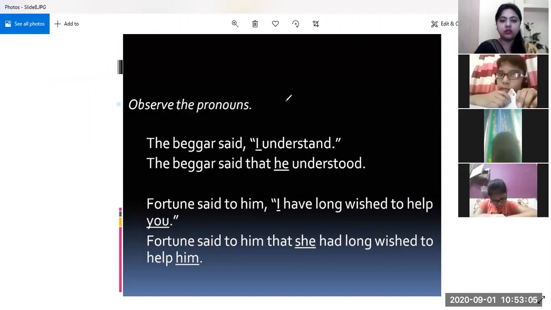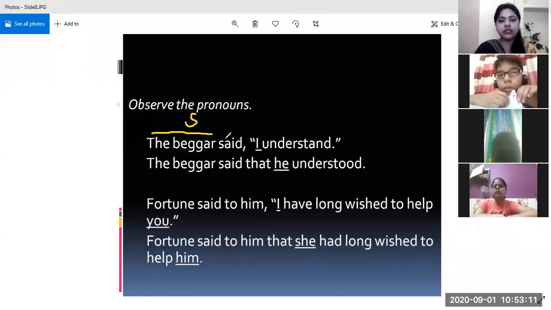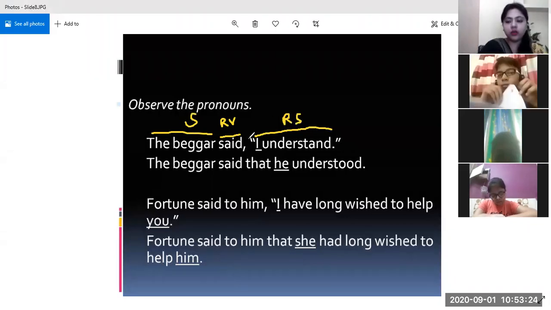Now, the beggar is the subject. Said is what? Reporting verb. And I understand is what? Reported speech. Now, the pronoun used in the reported speech is in first person.